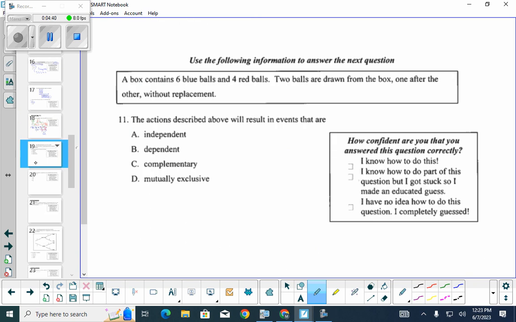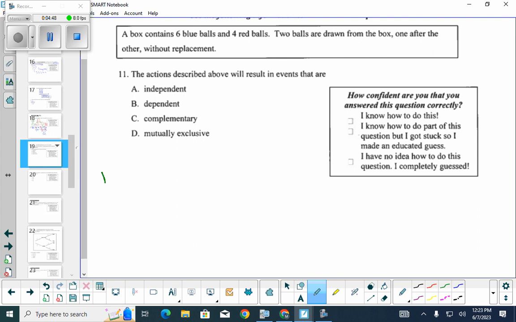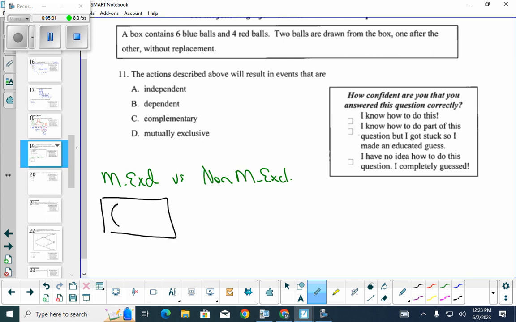So we had 2 pairs of words in this unit. We had independent, dependent, and we had mutually exclusive, not mutually exclusive. Okay. So mutually exclusive versus non-mutually exclusive. Mutually exclusive are events with no overlap.